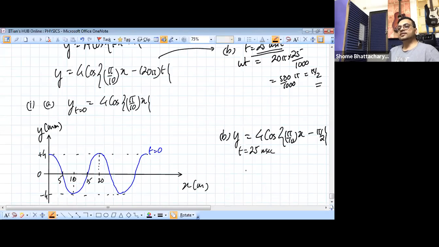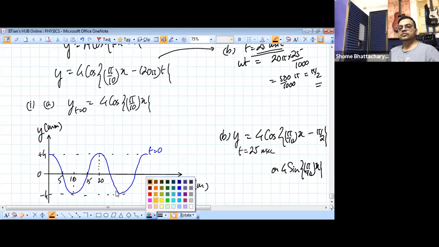That will actually become the sine graph. This graph will become equivalent to sine(pi by 10 x). You can see that the shape of this graph would have shifted from the cos curve to the sine curve.